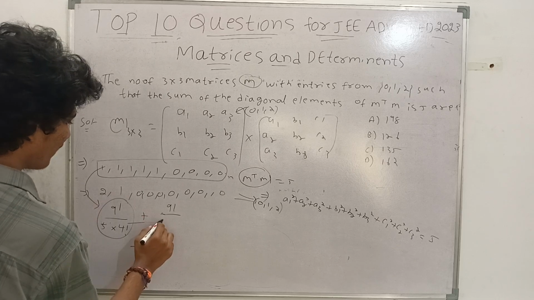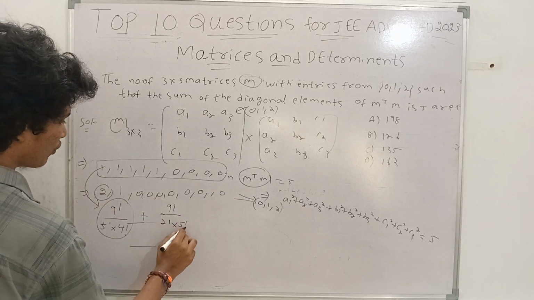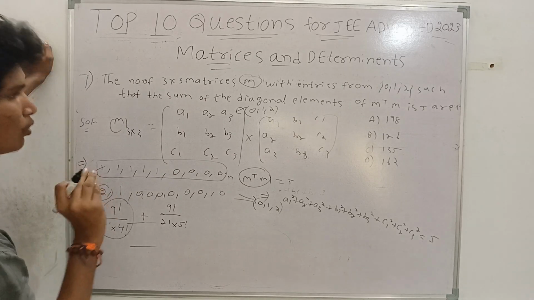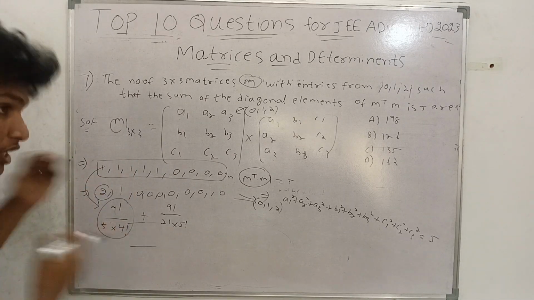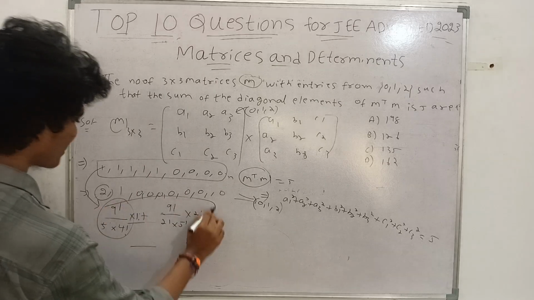So it should be 2 factorial, because it is 2 factorial into how many zeros are repeated, 5 factorial, and to distribute we have to multiply 2 factorial, and here we have to multiply 1 factorial. So basically this is the answer.